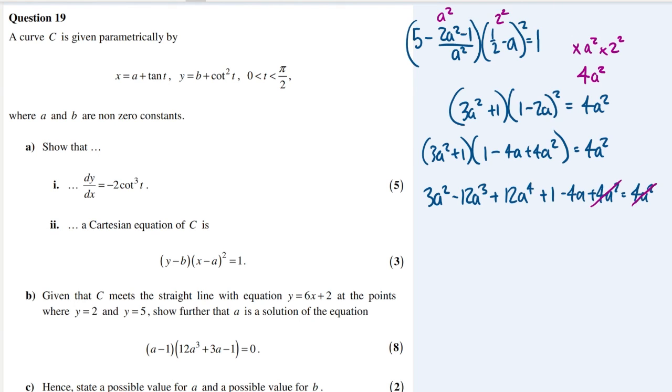We can cancel both of these from both sides. Tidy it up and put it in order. It's going to give me 12a to the 4 minus 12a cubed plus 3a squared minus 4a plus 1 equals 0.